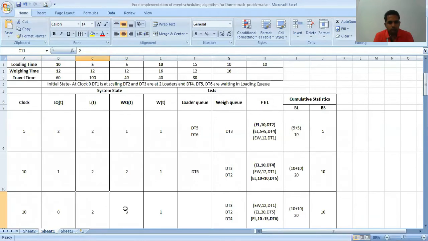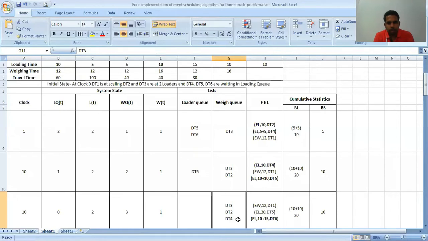That dump truck has to wait in the queue of the weighing machine, so it is being incremented to 3 and W of t is still remaining as 1. There will be no dump truck in the loader queue and we will have 3 dump trucks in the weighing queue as DT3, DT2, DT4 on a first come first serve basis.